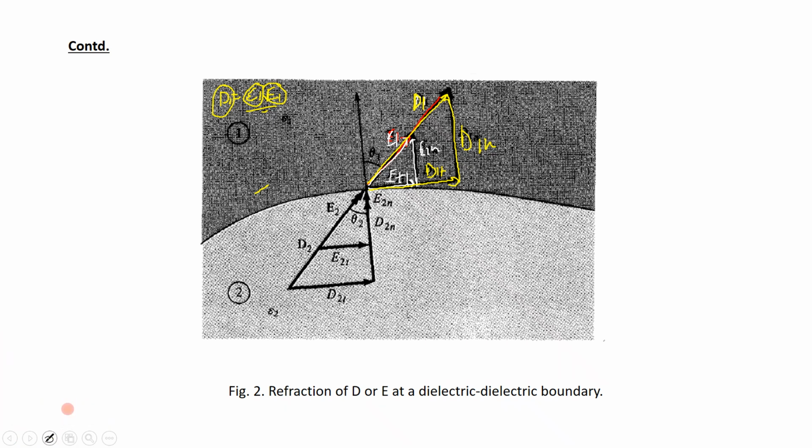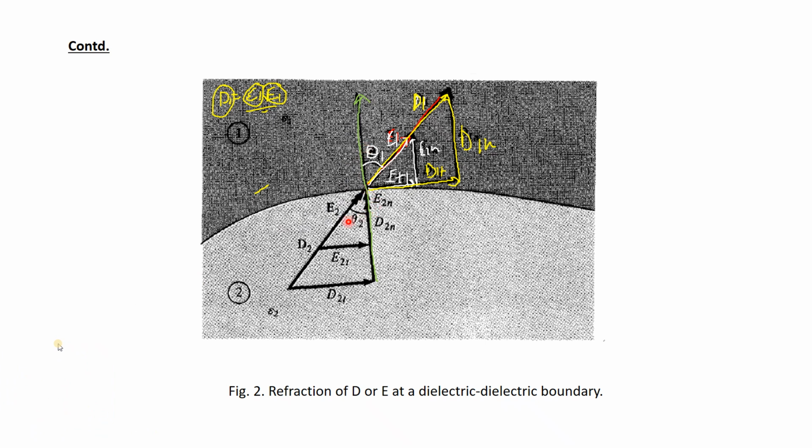Suppose this line is a normal line. E1 and D1 are both in the same direction, so they make an angle theta 1 with the normal.